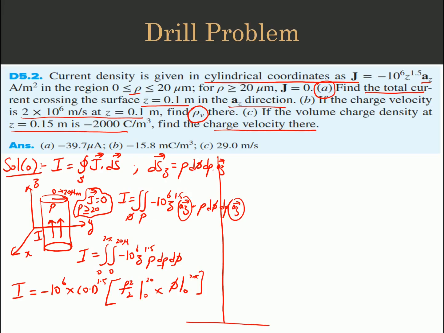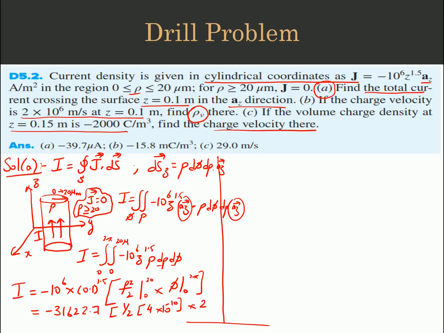Then I can just write it over here. Once I solve the upper value, it comes out to be minus 31622.7, and in parentheses I will have 1 by 2 into 4 into 10 raised to power minus 10 into 2 pi.